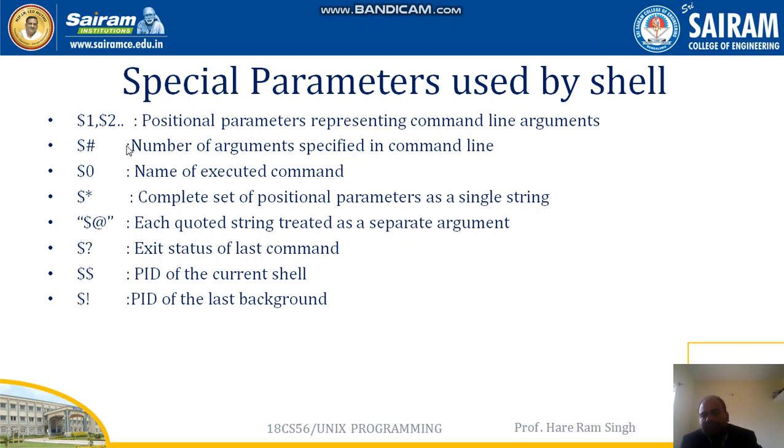Some programs will be executed using the command line, so in the command line, how many arguments you have passed, that number will be stored in $#. $1 and $2 are called positional parameters, meaning this argument is at position 1, this is position 2, this is position 3.